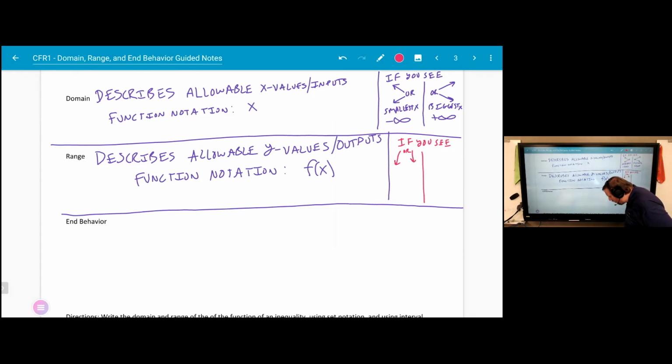What's all the way down? It looks a lot like negative infinity. Your smallest y would be negative infinity because your arrows are pointing down. If your arrows are pointing up, if it looks like this on the left or this on the right, your biggest y value, if I'm looking way up there, it looks like positive infinity.